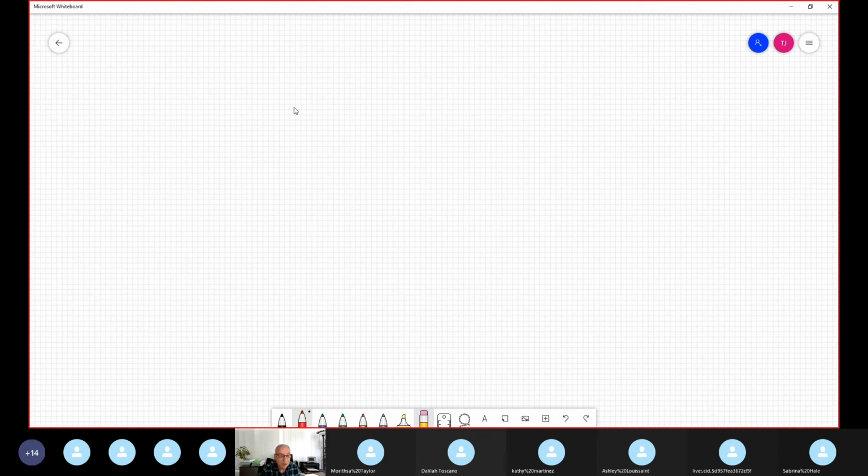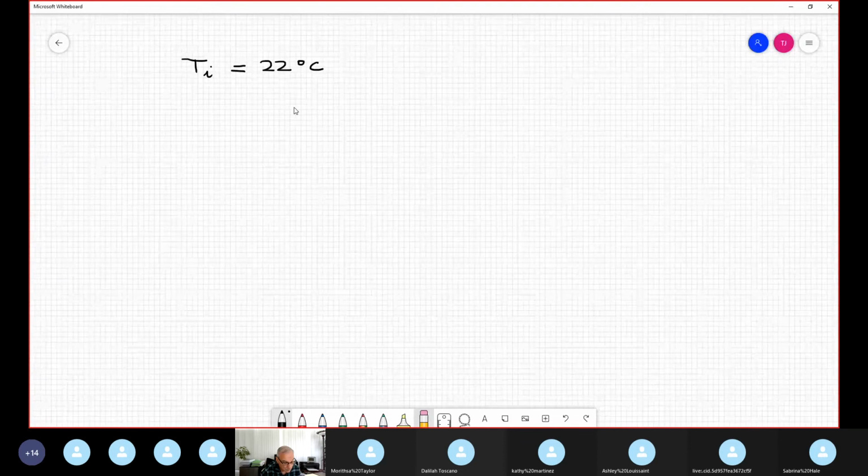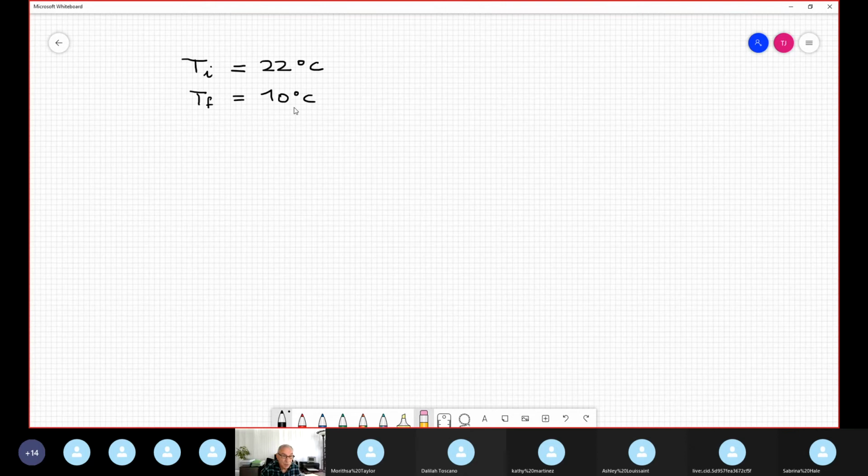In this case, the initial temperature is 22 degrees. The room temperature, which is the final, is 10 degrees. A typical cooling process, decreasing the temperature. And we have one intermediate condition.